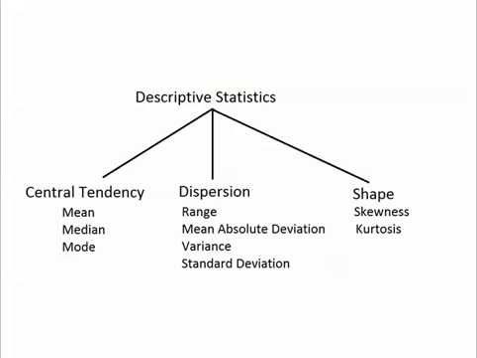One type is called measures of central tendency. These values are meant to show the center point of the data set, which is the point that has half of the values below it and half of the values above it.